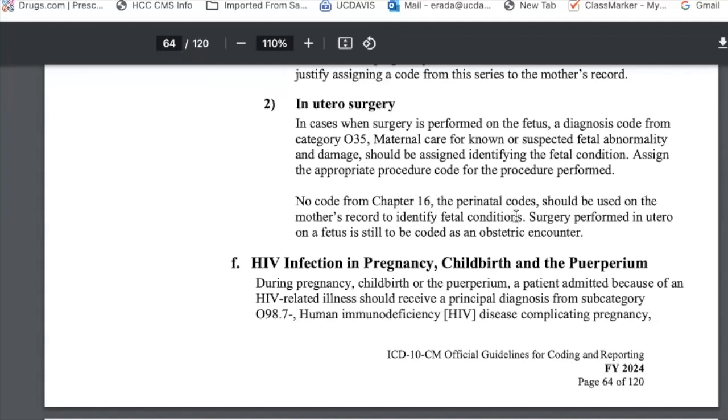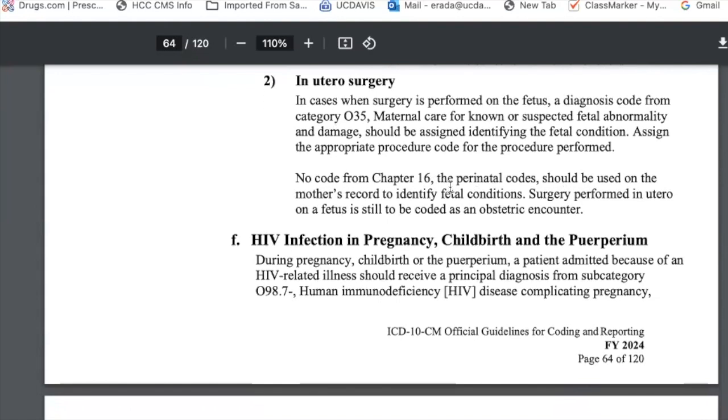Do not assign perinatal codes, which is Chapter 16, the next chapter after we have completed this Chapter 15. I'm not going to pay so much attention here, guys, because this is a very rare case, but just the same, read it.